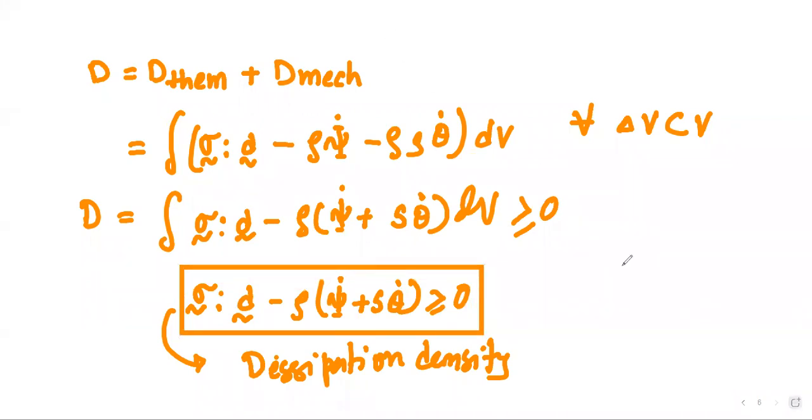We have another form of this equation in terms of internal energy, or specific internal energy U, which is the internal energy per unit of mass. It is basically the free energy, the energy extracted from the system, plus S theta.